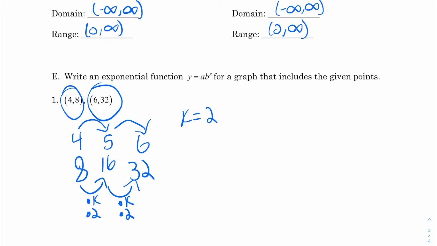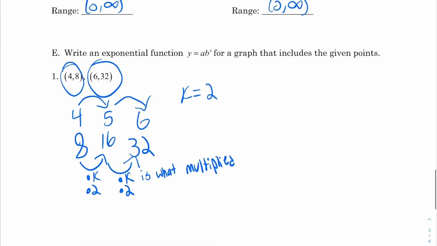Okay, this k here, the k is what we multiplied by. K is what we multiplied by each time x changed.